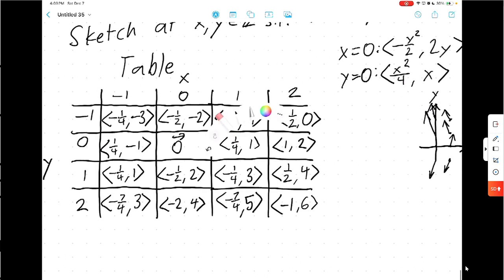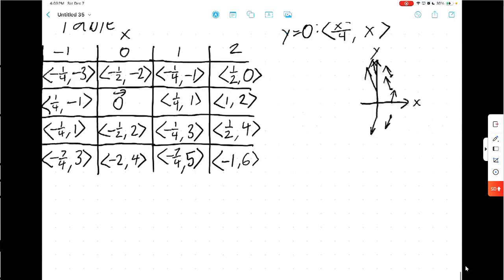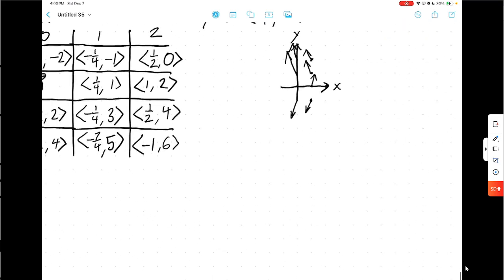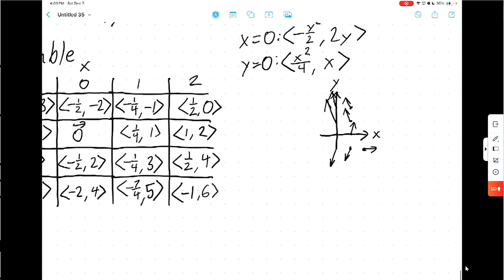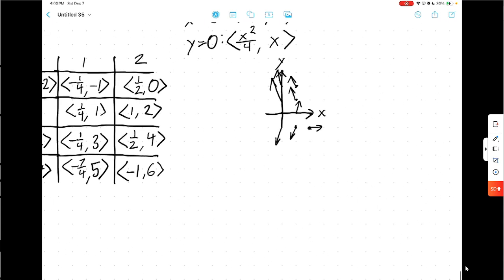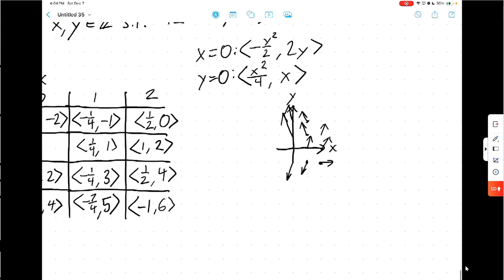X equals 2, y is equal to negative 1 will give us another 0, will give us a 1/2 to the right. X equals 2, y is equal to negative 1. One and 2. 2, 1/2, 4. 1/2, 4, and then 2 gives you negative 1, 6.